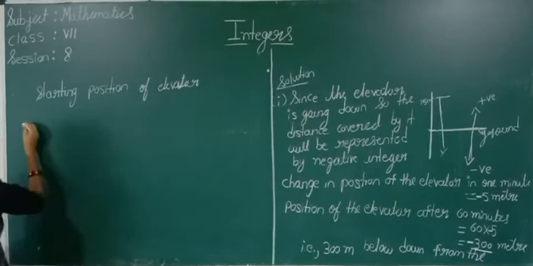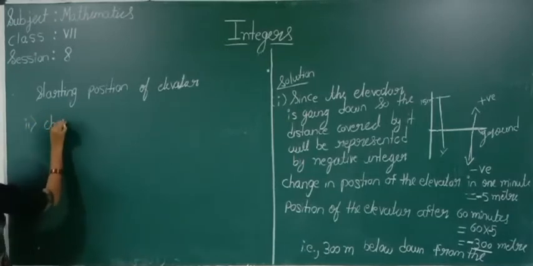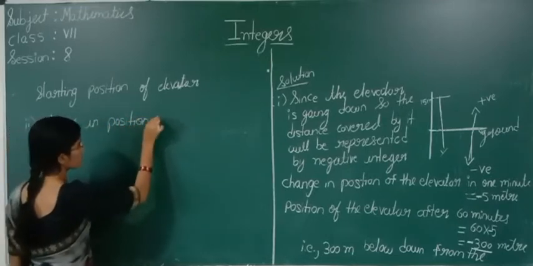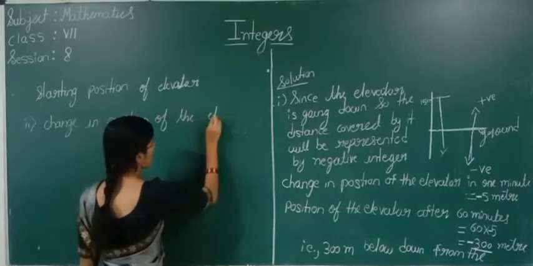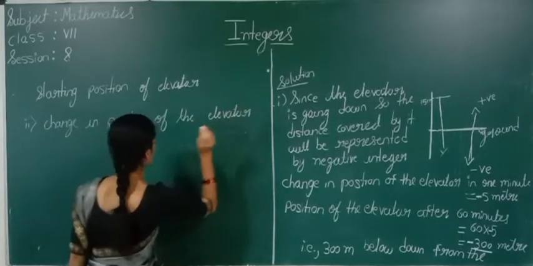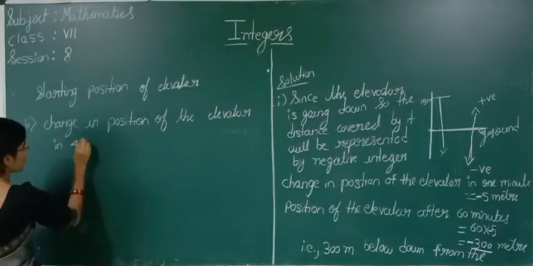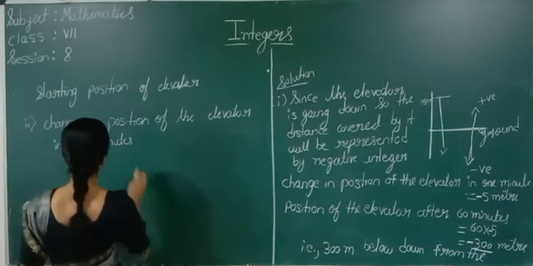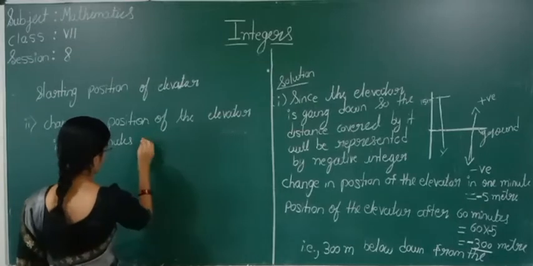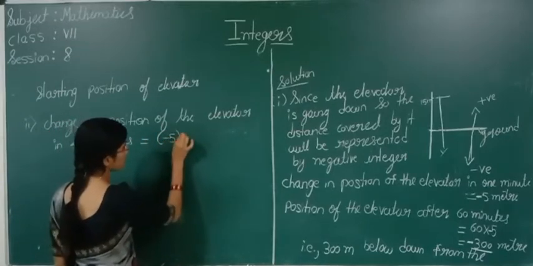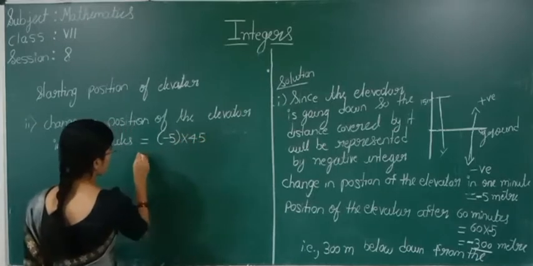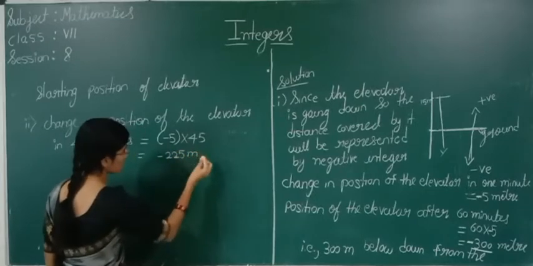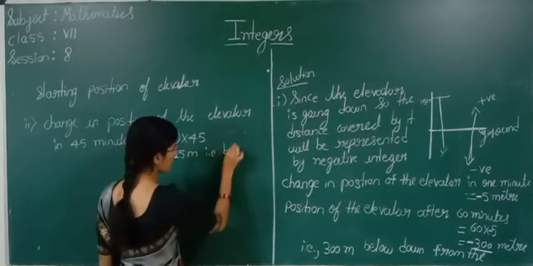Now see here, the change in position of the elevator in 45 minutes is equal to, what is that? Minus 5 into 45. It will be minus 225 meters, that is, below the ground.